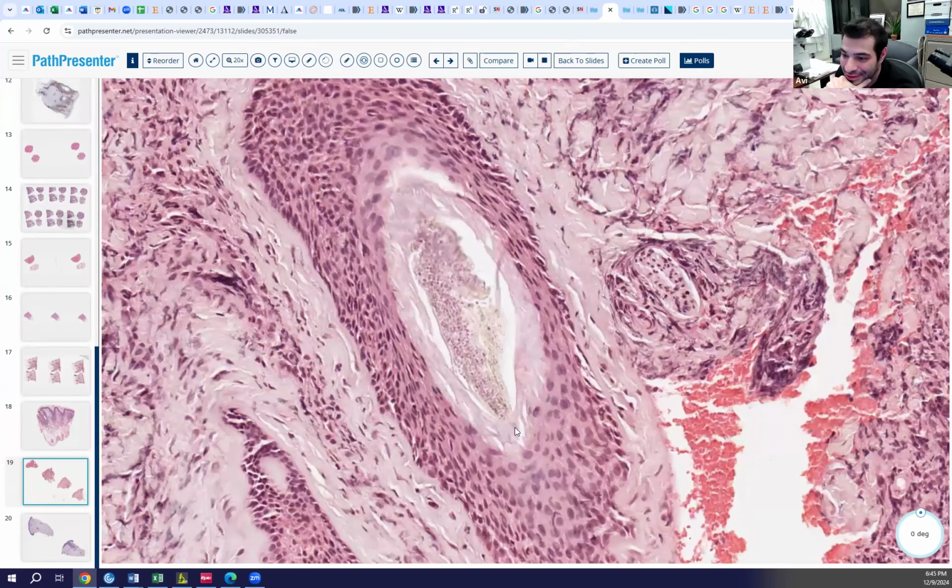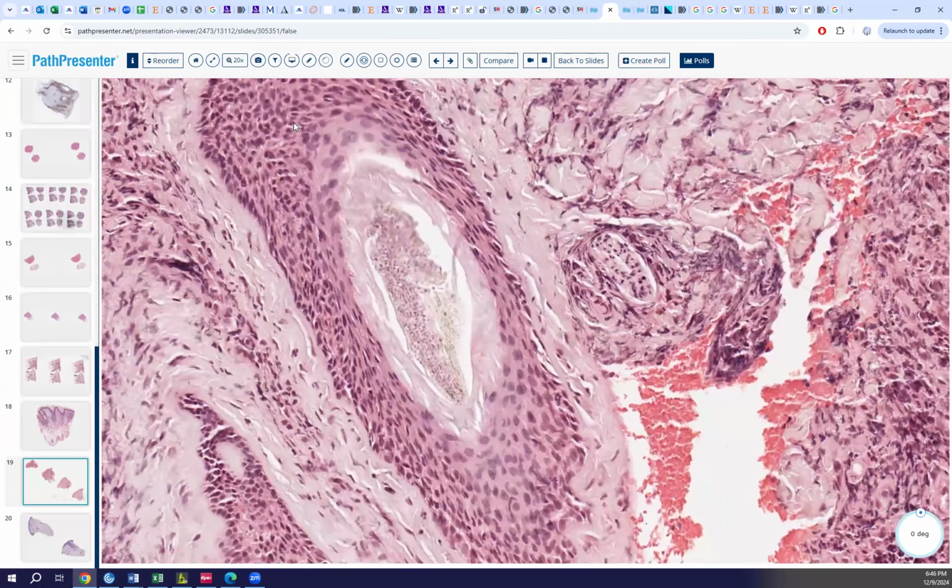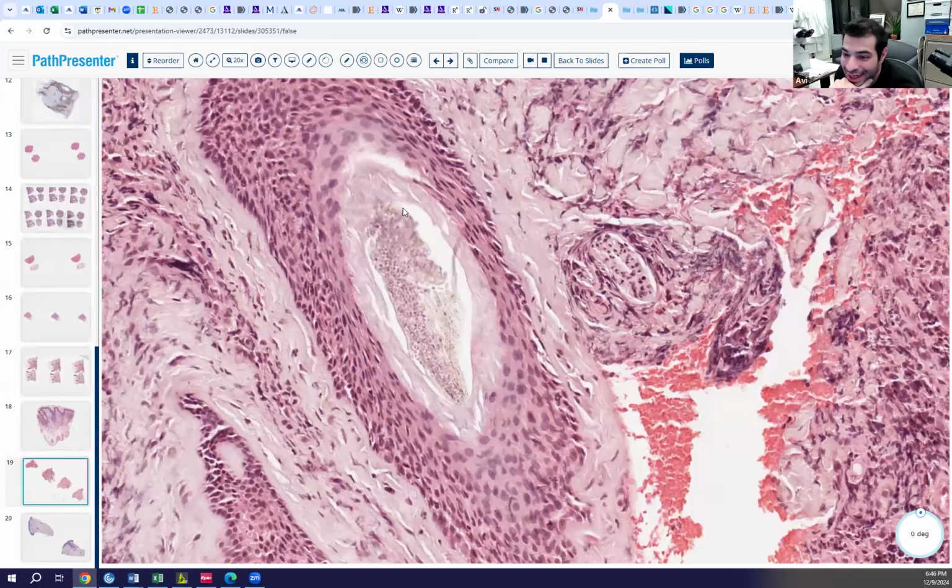Okay, what happened to this hair follicle? Oh, this is stuff in the actual hair itself, in the hair shaft. Okay, what's in the hair shaft?